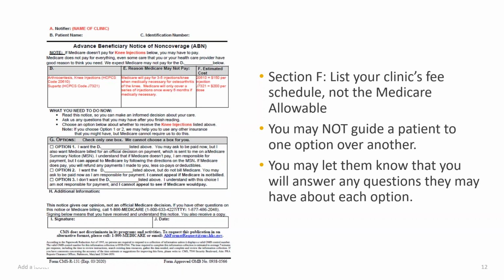You have to let the patient make a free election, because Medicare will check. They will ask patients if they felt they were coerced into one option over another. If they say yes, Medicare could invalidate that ABN, and you would be required to write off all of those services. So this is definitely something Medicare checks on. You must not coerce the patient in any way, shape, or form.